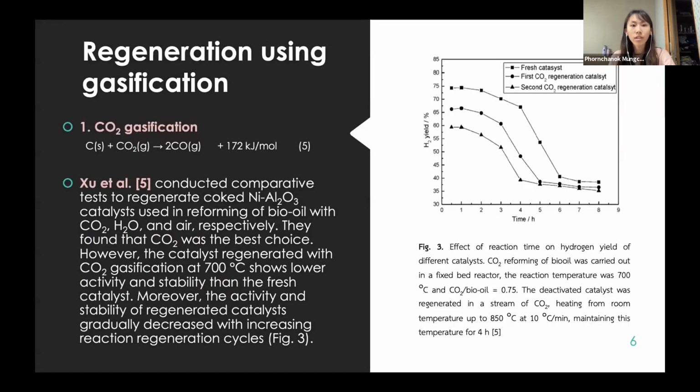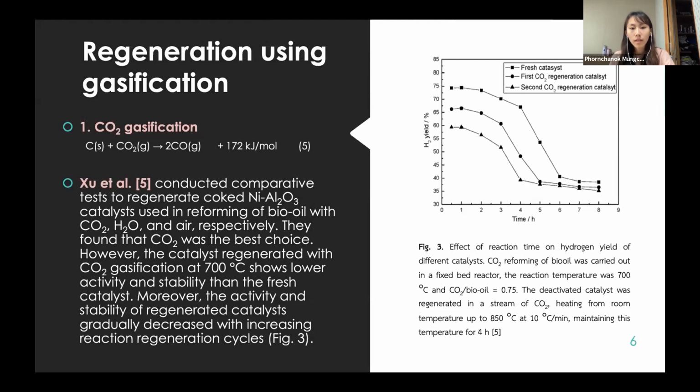Next is the regeneration using gasification. Carbon dioxide can act as a mild oxidizing agent when reacting with coke, as shown in equation 5. Regeneration of coked catalyst via carbon dioxide gasification can reduce CO2 to CO, beneficial to the carbon footprint. Su and authors conducted comparative tests to regenerate coked nickel alumina catalyst used in reforming of bio-oil with carbon dioxide, steam, and air, respectively.